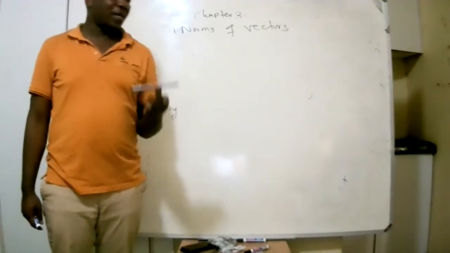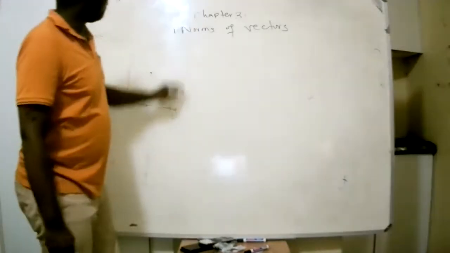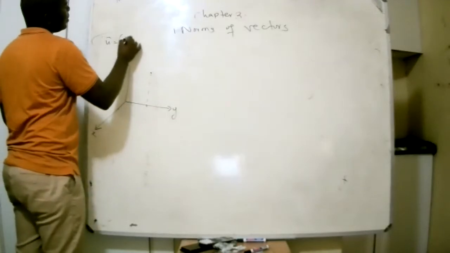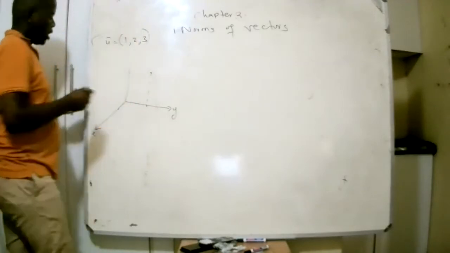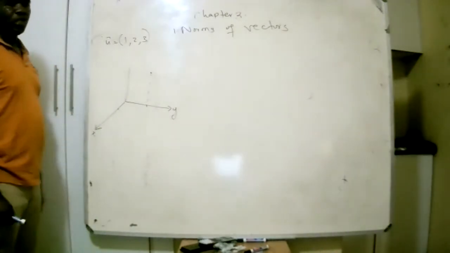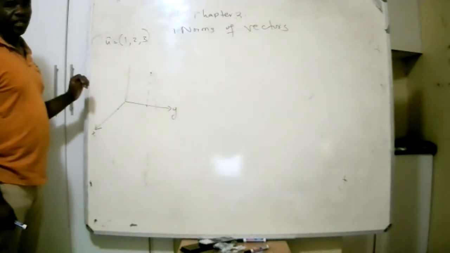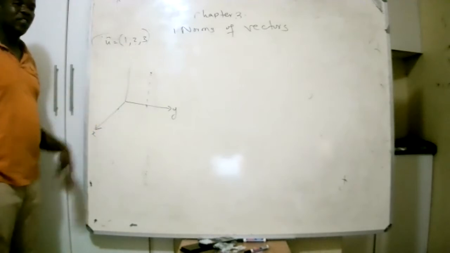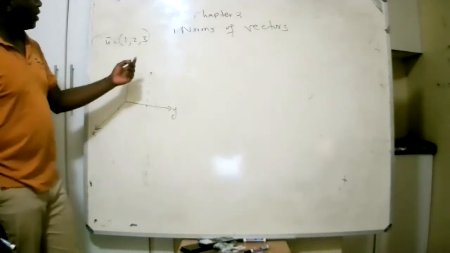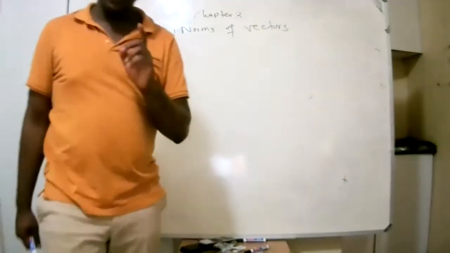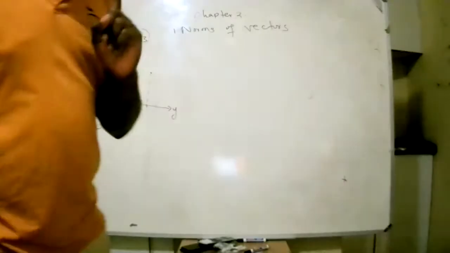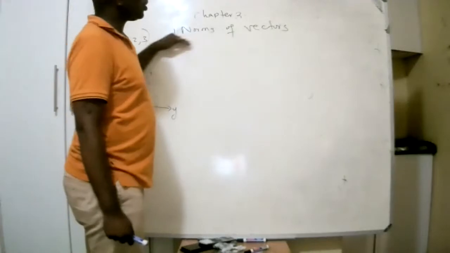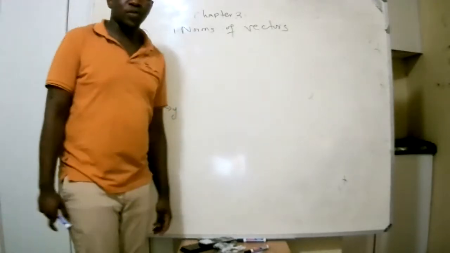Now, because a vector is given in terms of different numbers, let's say 1, 2, 3, you cannot tell the weight of this vector. You cannot say the weight of that vector is 2, or 3, or 4. But there is something you need to do in order to have an exact value for measuring this vector. What you're supposed to do is involve what is called the norms.